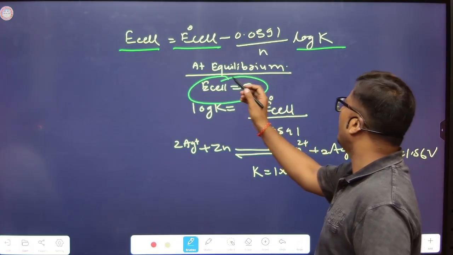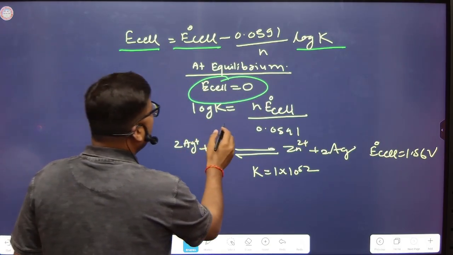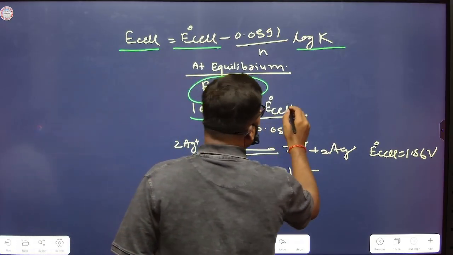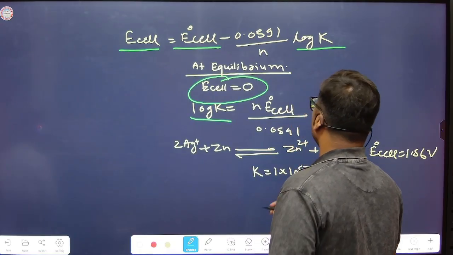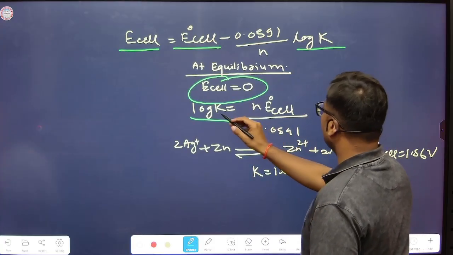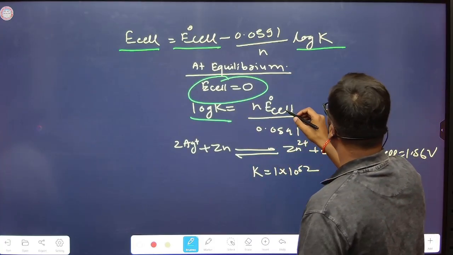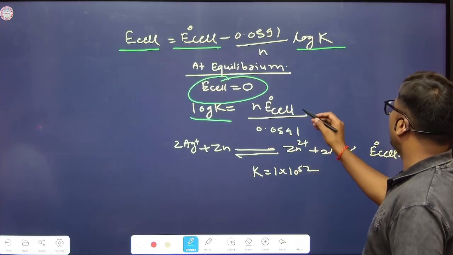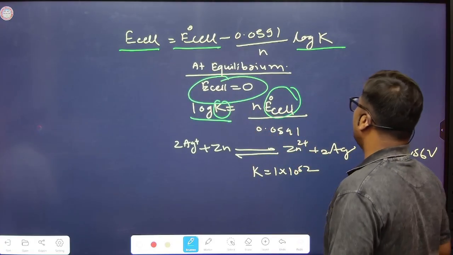So by putting E cell equal to 0, it will look like this: log K is equal to n E naught cell upon 0.0591 volt. So this is the equilibrium constant. The equilibrium constant depends on the standard state cell potential, right? So if this value varies, accordingly this K will change.